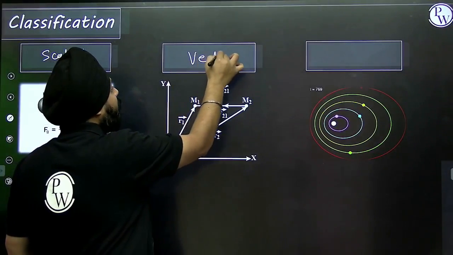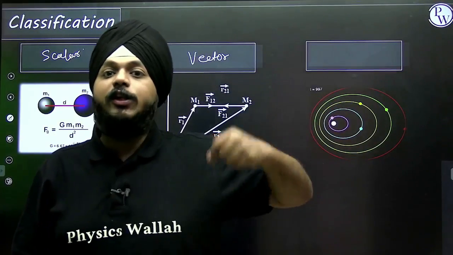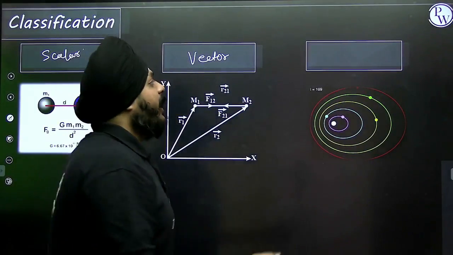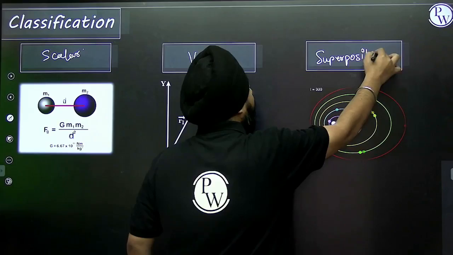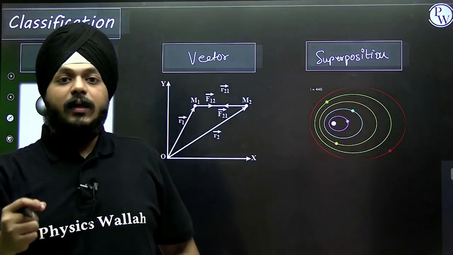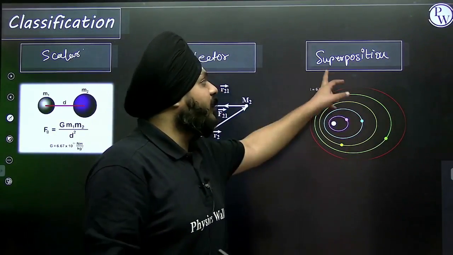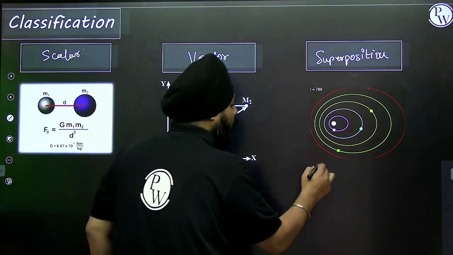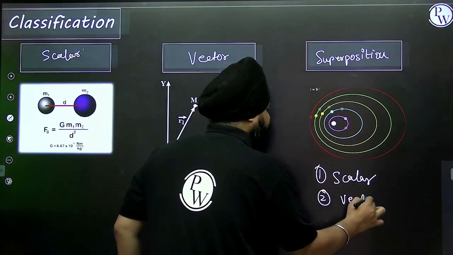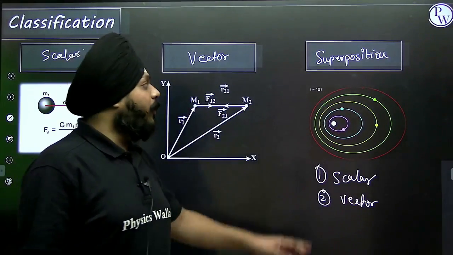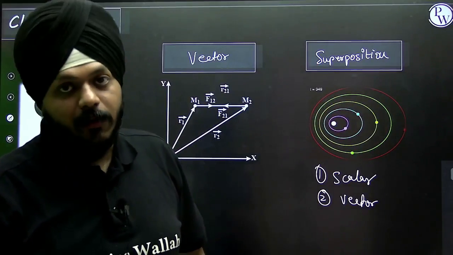Second, to overcome one of the limitations of Newton's law of gravitation, we have the superposition principle, even in scalar form and in vector form. When we jump on to the superposition principle, before that we are going to discuss two important limitations of Newton's law of gravitation.